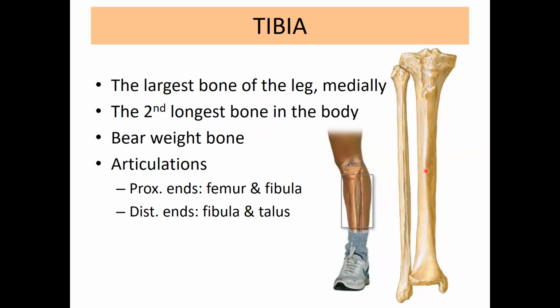This one, tibia, is the weight-bearing bone, where it bears the human weight. So the weight is transferred directly to the tibia. The articulation of the tibia at its proximal end is with femur up here, and fibula up here. And the distal end articulates with the fibula and talus down here.